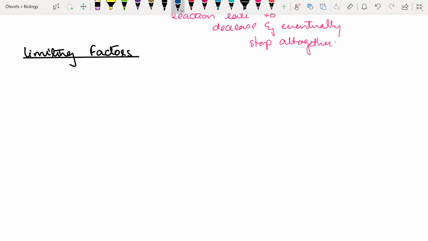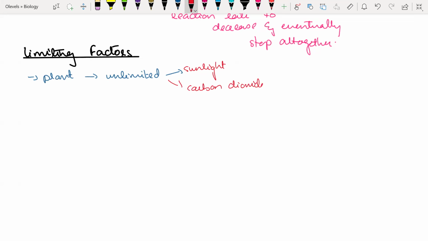So we know that suppose we have a plant that is given unlimited sunlight, right? Then it is given unlimited carbon dioxide. It is given unlimited water, and also it is kept in a warm environment.